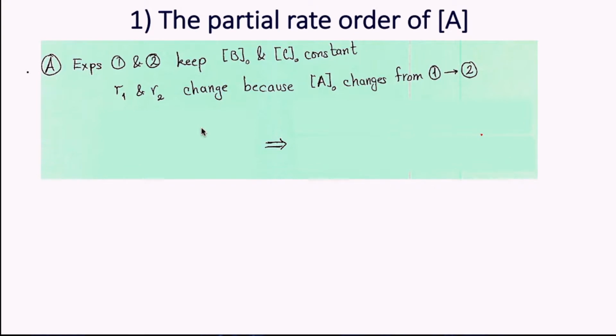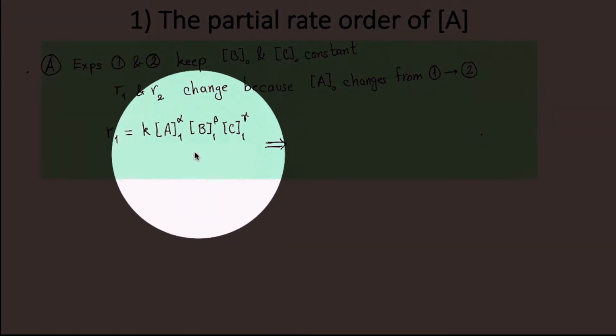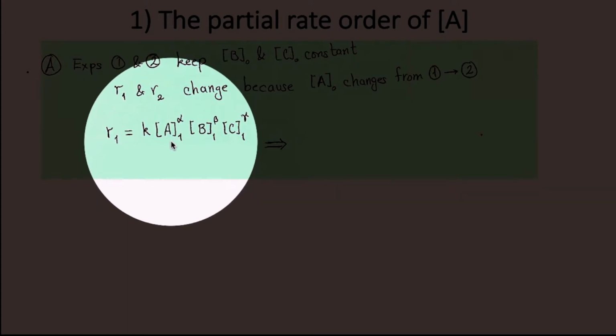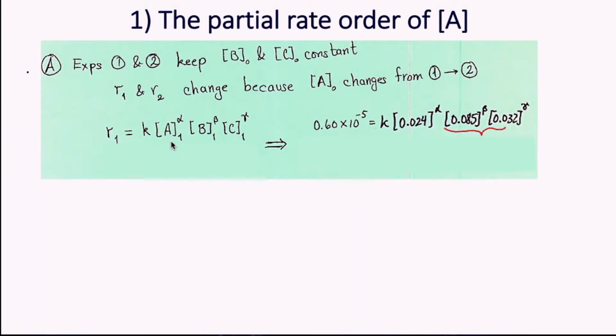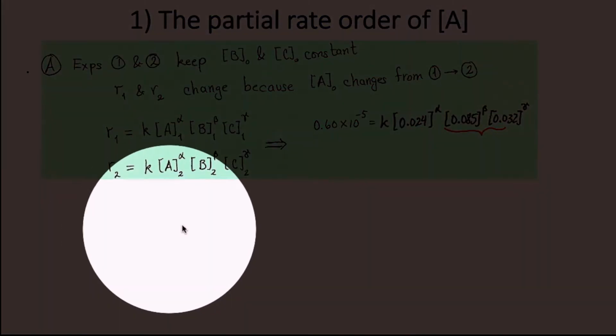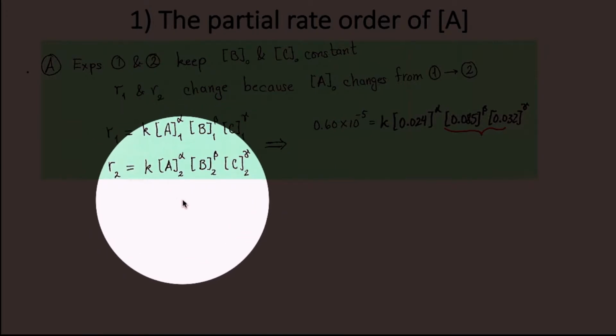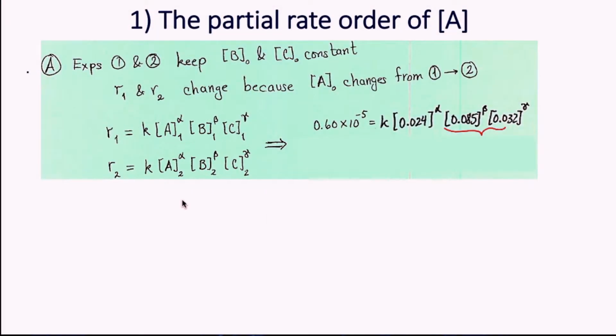So let's write down the expression for the rate law according to experiments 1 and 2. For experiment 1, this is the general expression. I'm just using the label 1 here, referring to the first experiment. I substitute the values numerically according to the data. Now, I do the same for experiment number 2. You can see that it's exactly the same functional form. The only thing that is changing is the label, now the label for experiment number 2. I substitute the values numerically.